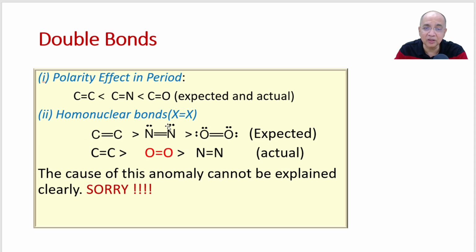But this is a part of a molecule: N double bond N, C double bond C. So we expect, as with single bonds in homonuclear diatomic molecules, this goes on decreasing because of both the mass effect as well as the lone pair repulsion effect. But again there is an anomaly. Here O double bond O is stronger than NN. There is no FF double bond, so that is not in the list.